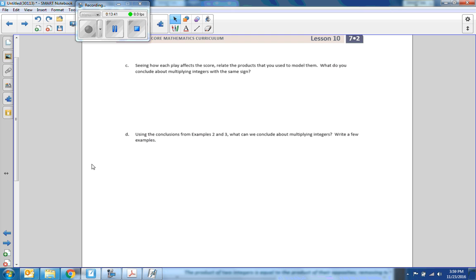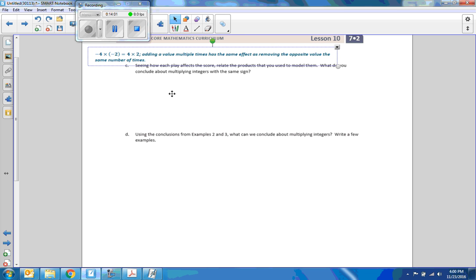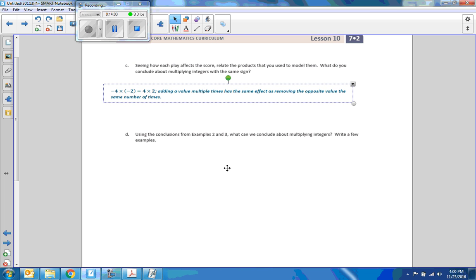C. Seeing how each play affects the score, relate the products that you use to model them. What do you conclude about multiplying integers with the same sign? Okay, so negative 4 times a negative 2 equals positive 4 times a positive 2.